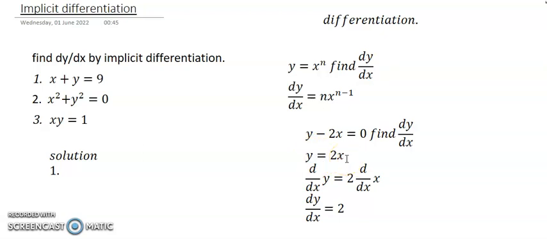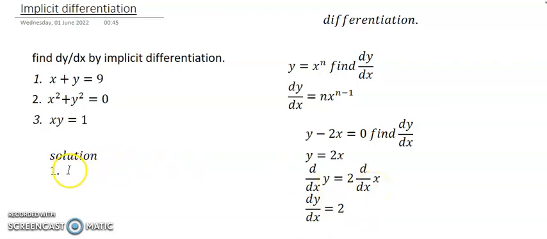From here we simply say d over dx of y equal to d over dx of 2x. On this one, guys, we will just isolate 2, since 2 is a constant and we are interested in x. Then we will say 2 d over dx of x. Then this one is nothing but dy over dx equal to 2, since dx over dx is 1.